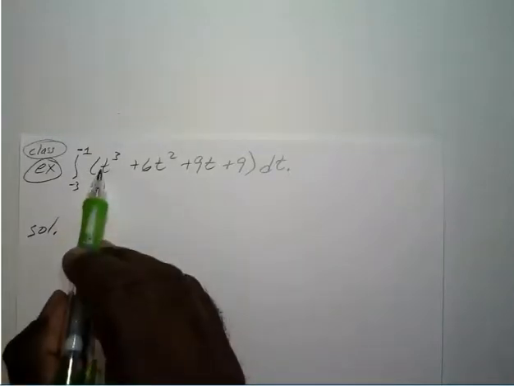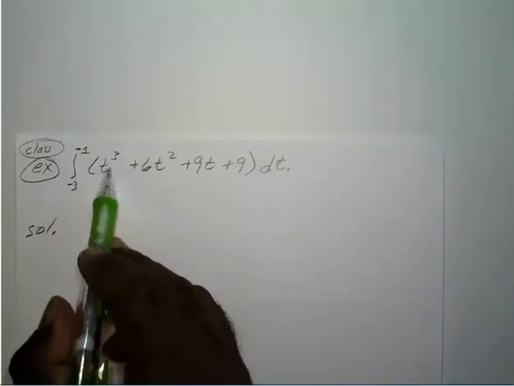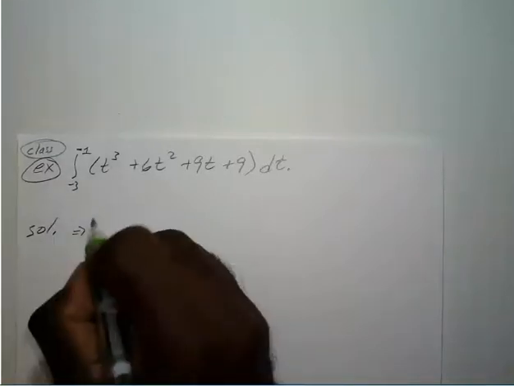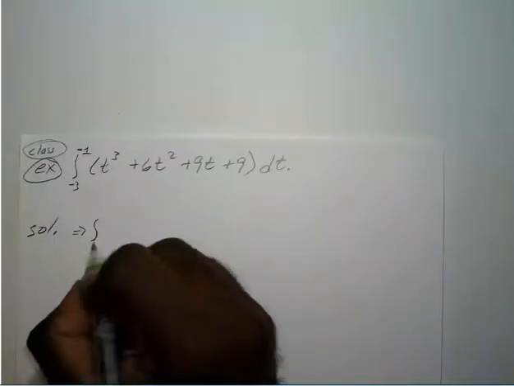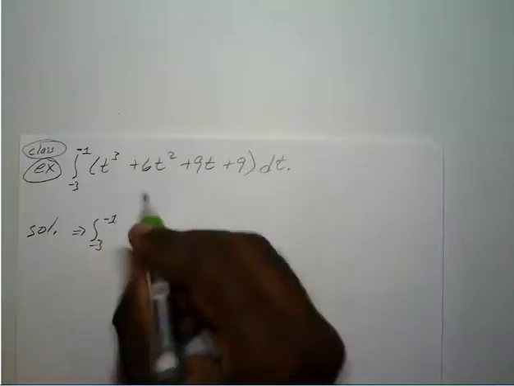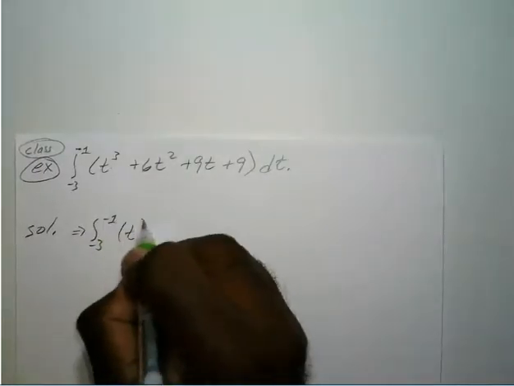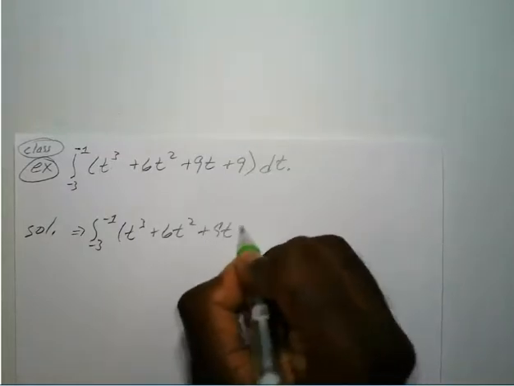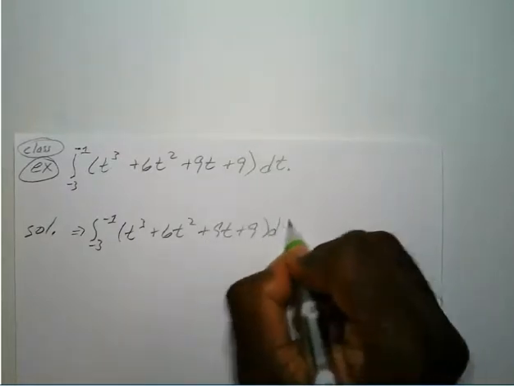Okay, so once again, I'll just go ahead and rewrite it. I just have a better feeling when I rewrite it. The integral of t to the third plus 6t squared plus 9t plus 9 with respect to t.